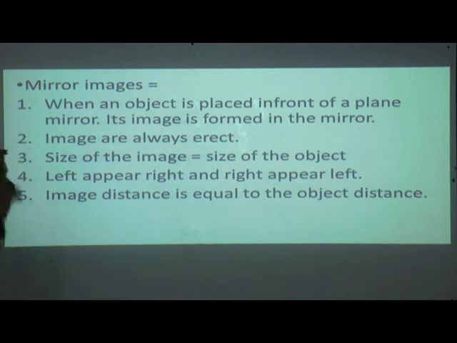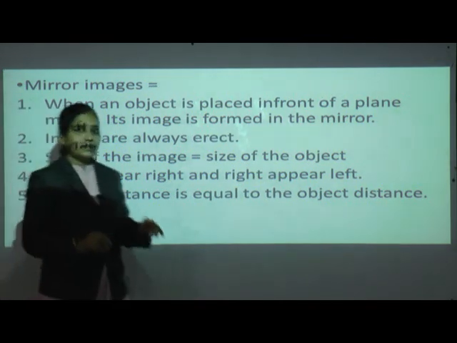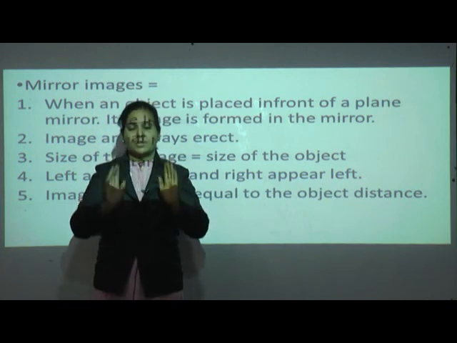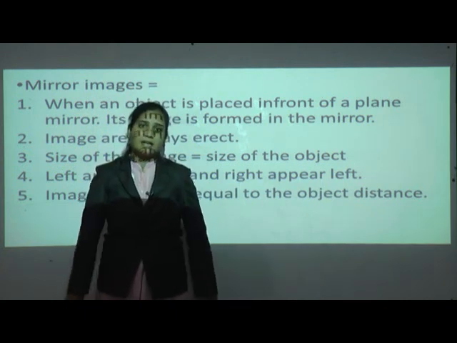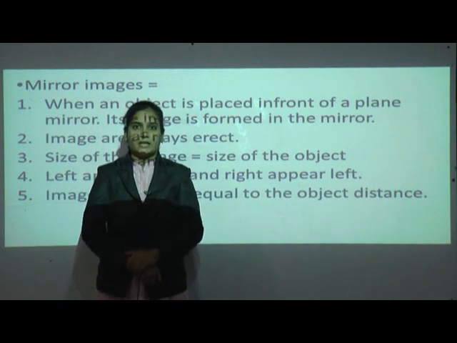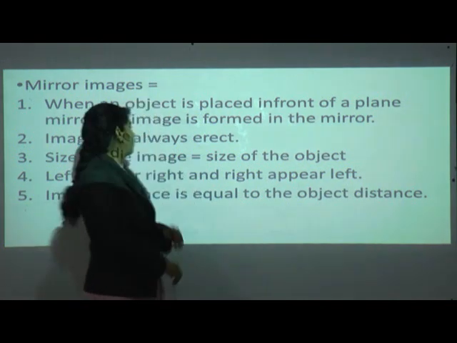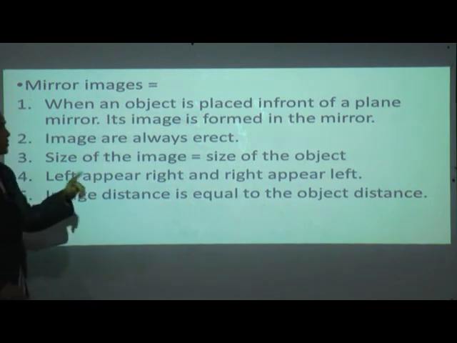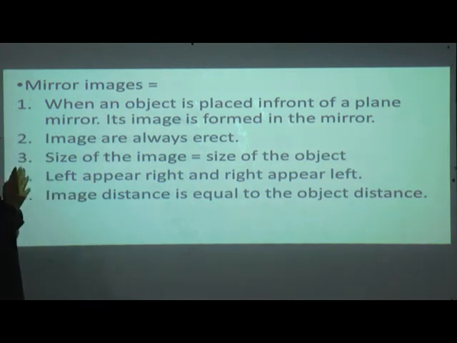When you stand in front of a mirror, you will get your image as it is, isn't it? And the image is always erect. If you stand like this in front of the mirror, you will see the same image. If you stand like this, you will get the same image. The size of the image is equal to the size of the object.